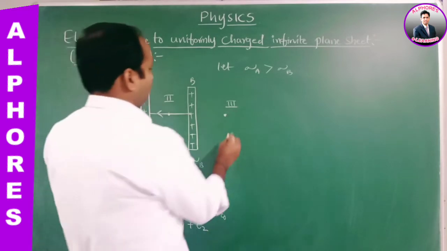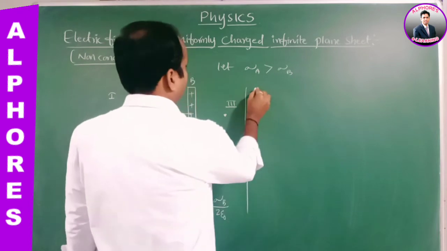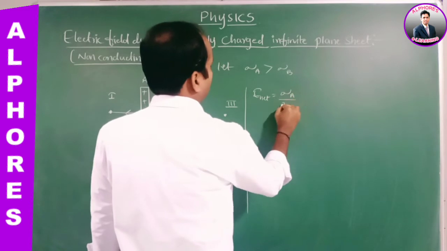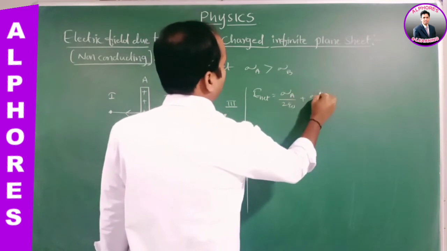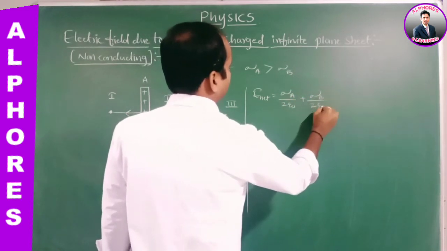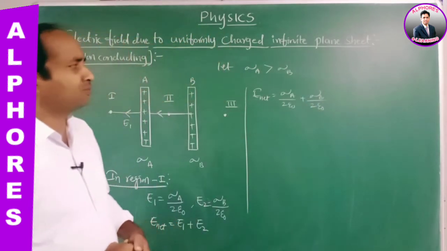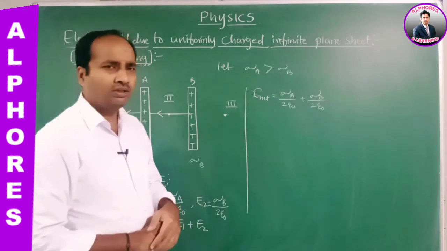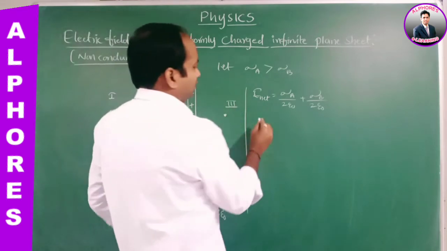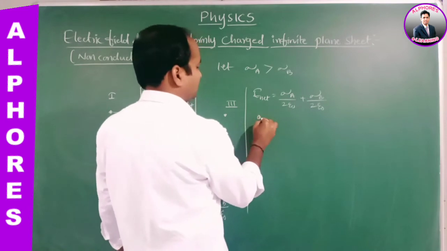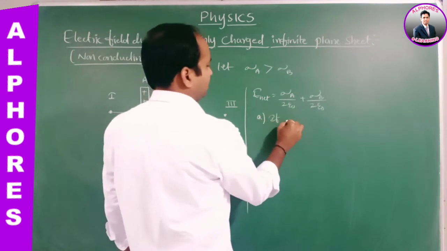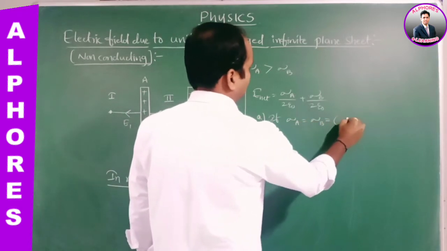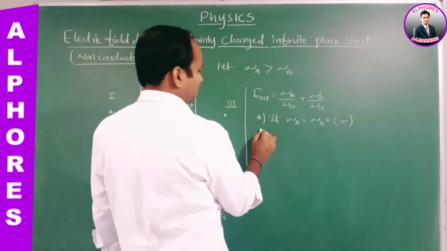E net is equal to sigma A by 2 epsilon naught plus sigma B by 2 epsilon naught. In this special case, if sigma A is equal to sigma B, let us take the common term sigma, then what happens?